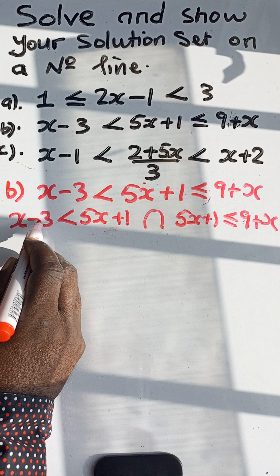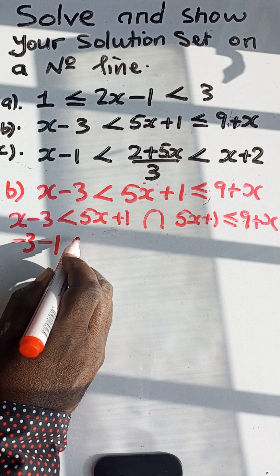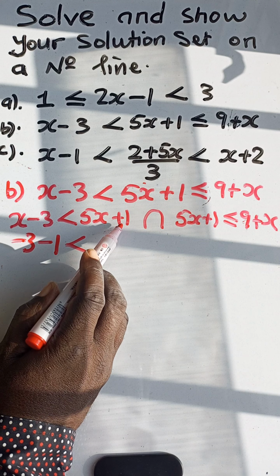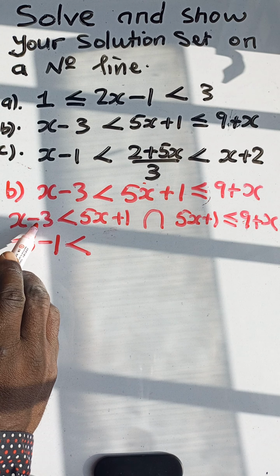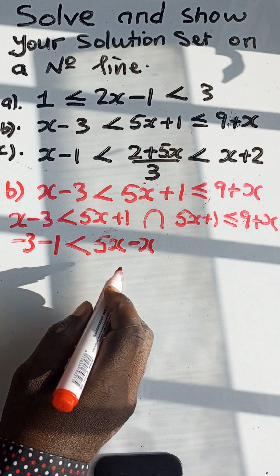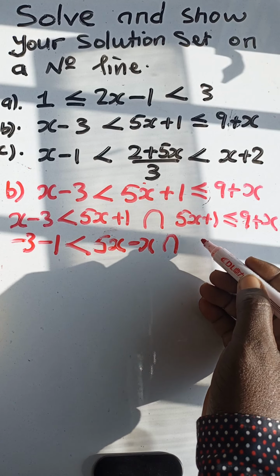So I have, here is already negative 3, so I have negative 3 minus 1 less than 5x. Now this is positive x; if I take it that way, it will become negative x. I maintain the 5x, and taking x this way, it becomes negative x.